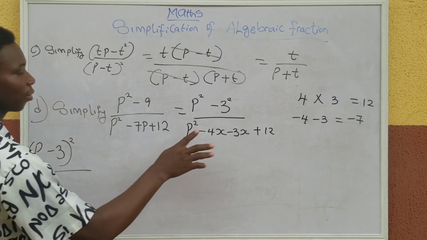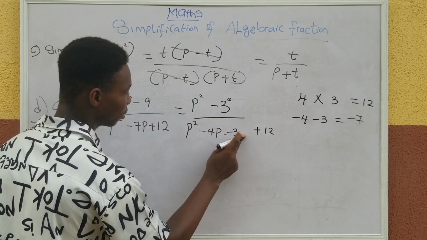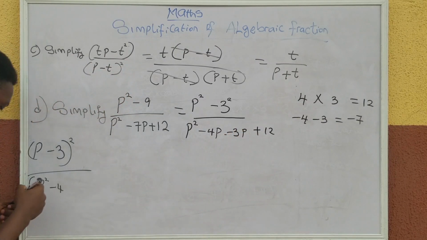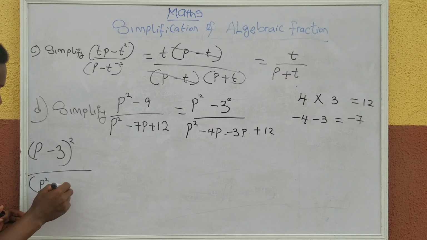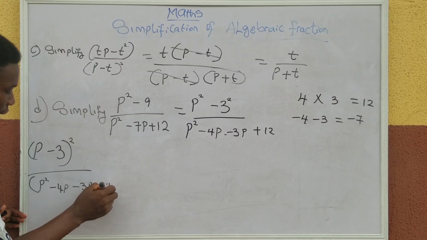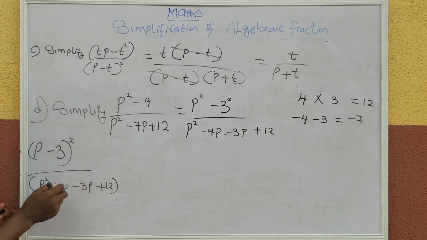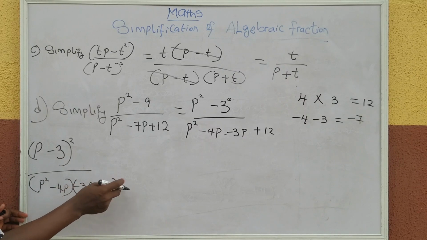Sorry, we made a mistake from here, what we have here is supposed to be p, not us. So from what we have here, p squared minus 4p minus 3p plus 12.